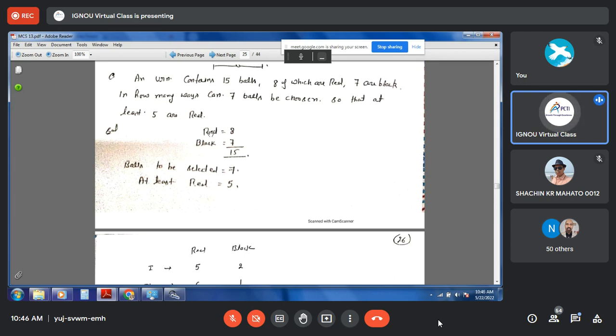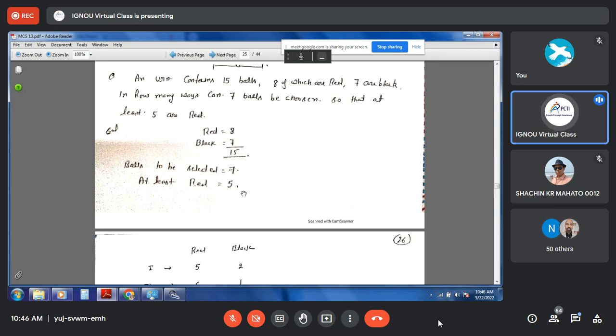Write the bifurcation. We have 8 red balls and 7 black balls, total 15. We have to select 7 balls in which at least 5 are red.